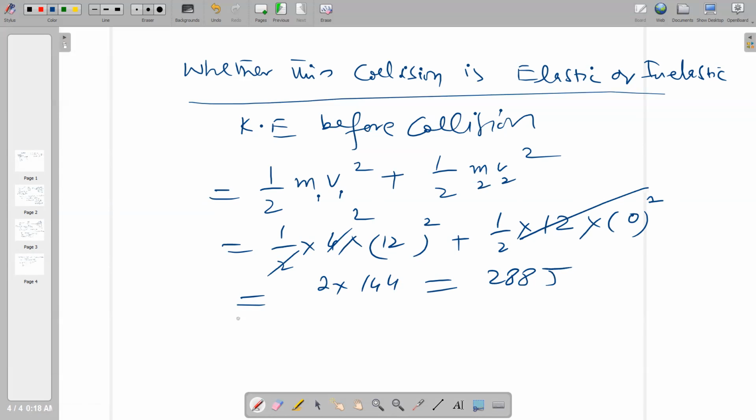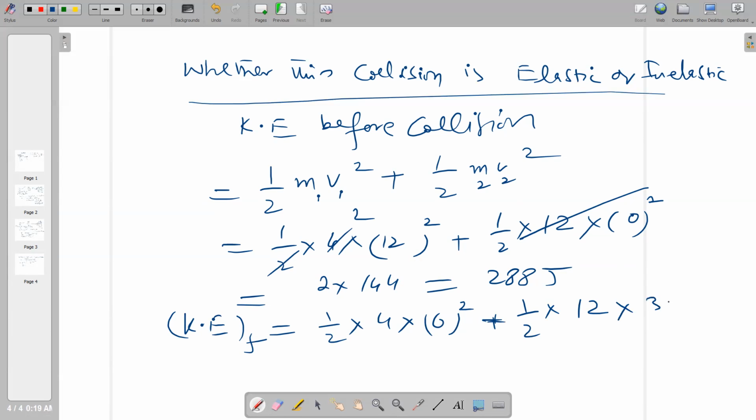So what will the kinetic energy after collision be? The final kinetic energy is 1/2 m1, which is 4, into 6 squared, because after collision its velocity is changing, plus 1/2 m2, which is 12, into 3.5 squared.